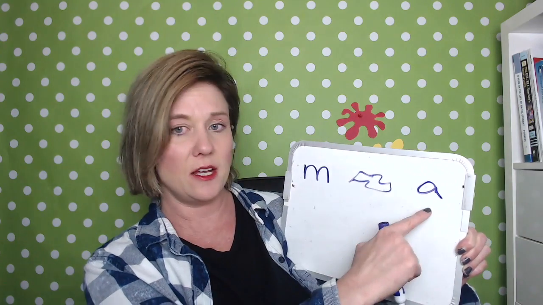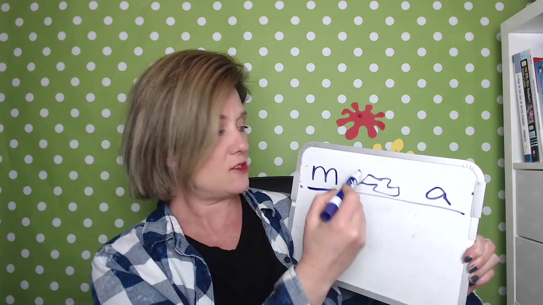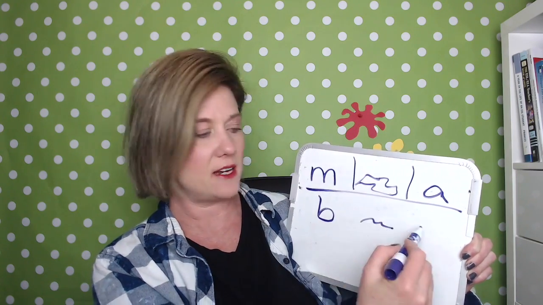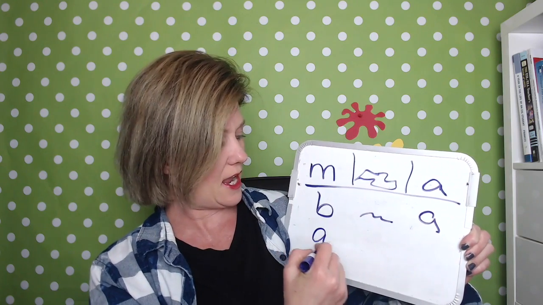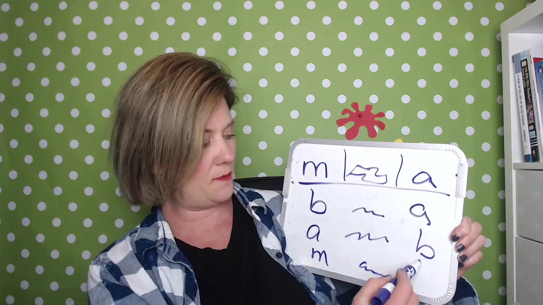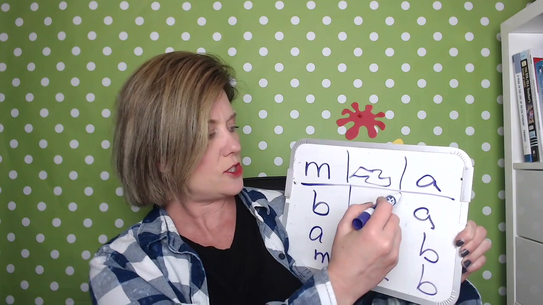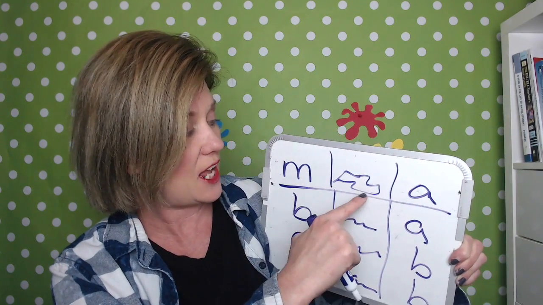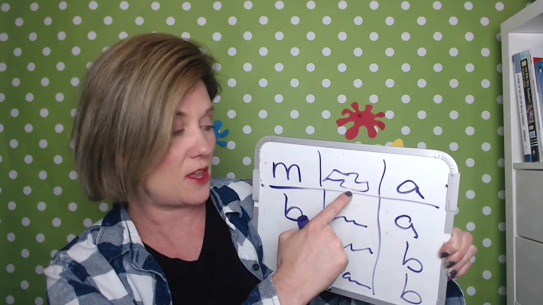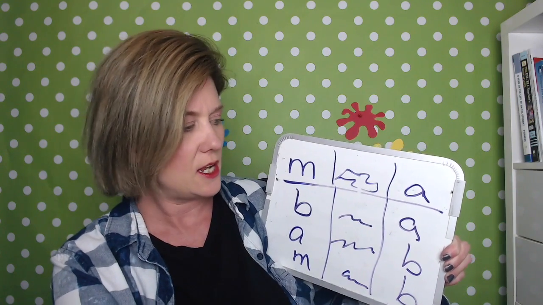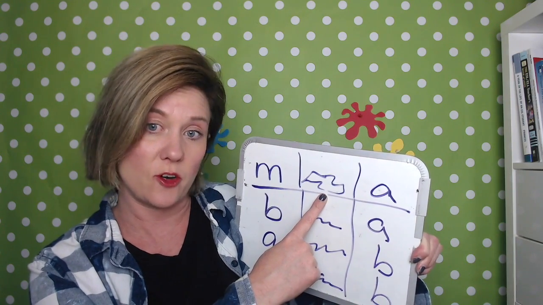And so it's got M and it's got A, and these are the things that are available in this slot. It's got B and it's got an ant and A. It's got A and it's got a bicycle and B. It's got M and a muffin and B. So you're just trying to get them to choose which letter goes with the thing that's in the middle. So the way that I would do this is I would just point to the picture first.